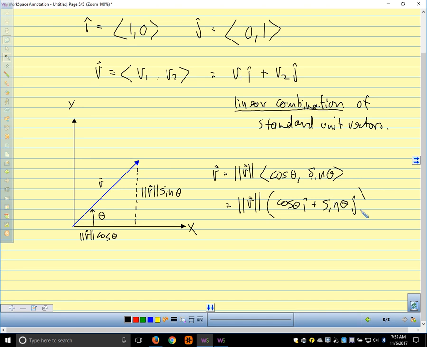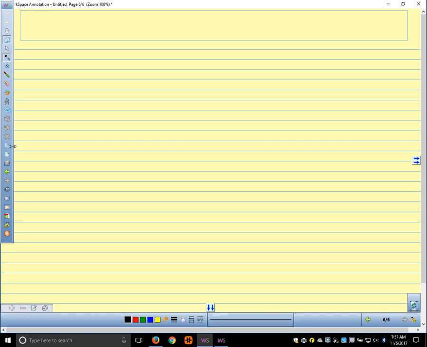Especially when you're dealing with forces in science, forces, wind, etc., adding vectors is called finding the resultant.